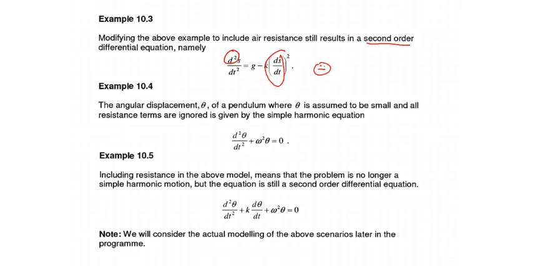So this equation here is a second order differential equation. We've got the 2 there. Here we've got in effect d to the power 1 there. So here we ignore this term, and in terms of naming it, we say again that is a second order differential equation.